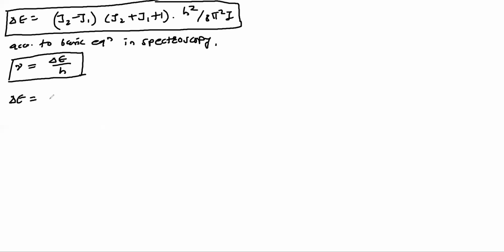So the equation will be J2 minus J1 times J2 plus J1 plus 1 times h square upon 8 pi square I times h.